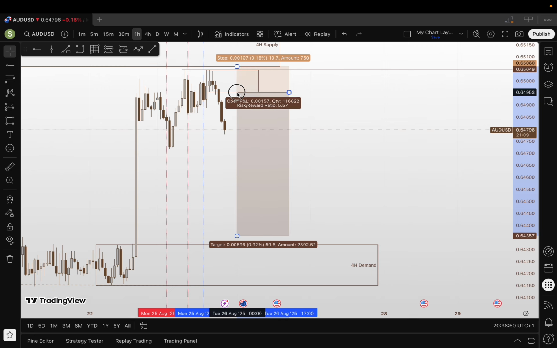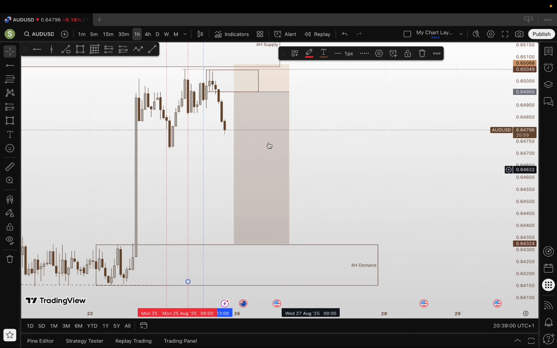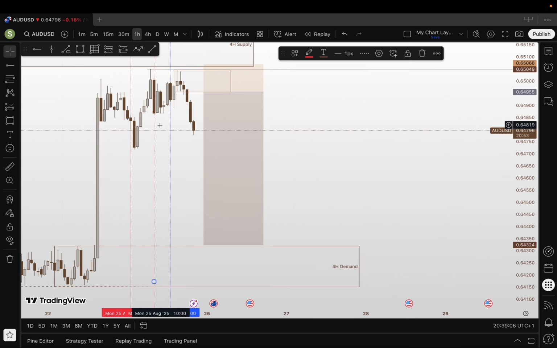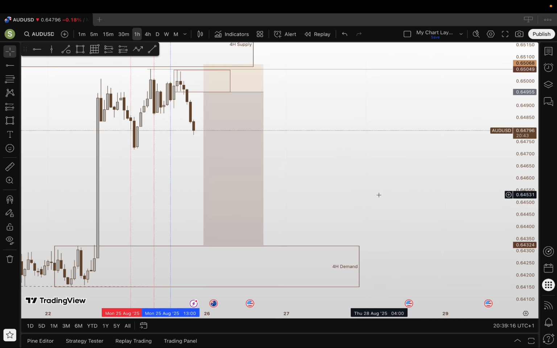So if price comes back here, you can take this trade all the way down. If price continues selling on the USD pairs, goes here, lower low, break of structure, kind of coming back here, sells down.